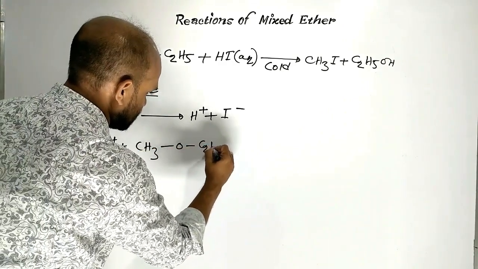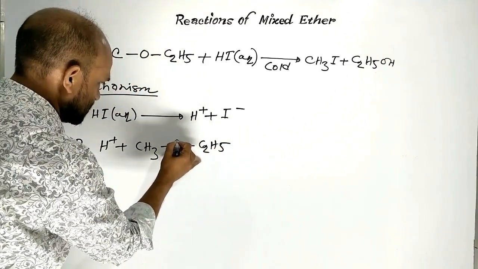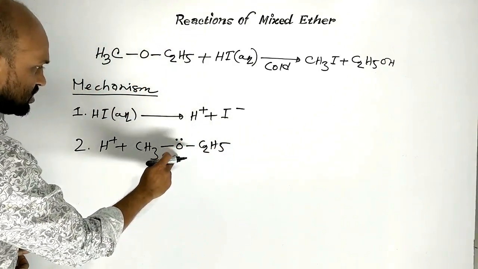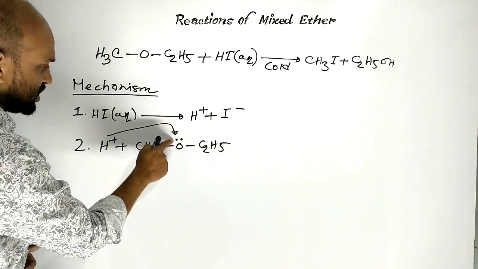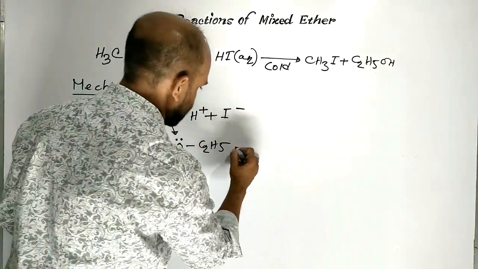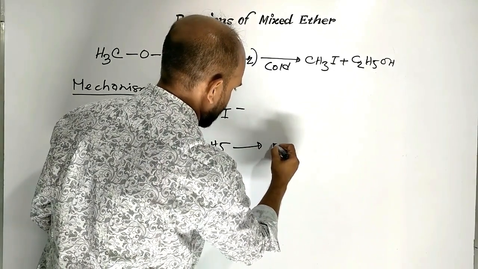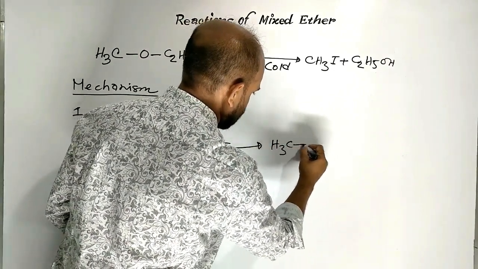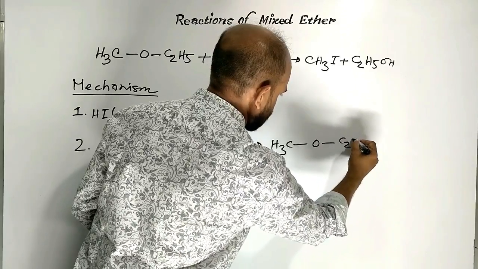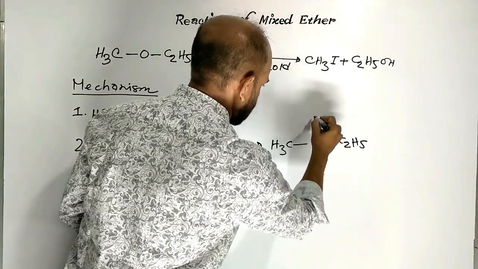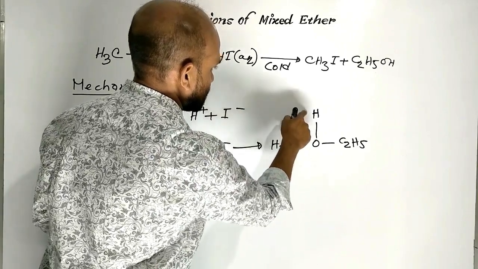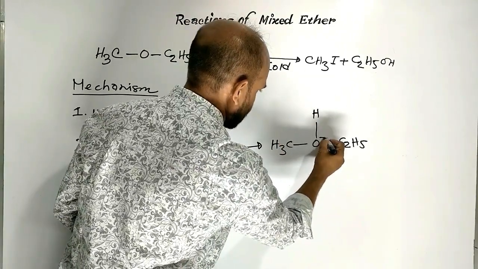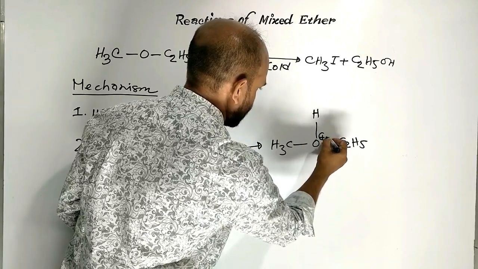ether, that is, this ether is protonated with the lone pair electrons of oxygen, and as a result, this is formed: coordinate covalent bond between oxygen and hydrogen, and oxygen becomes positive in charge.